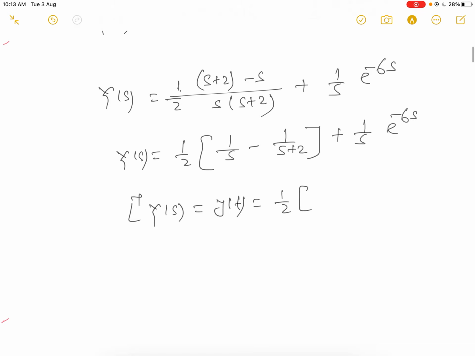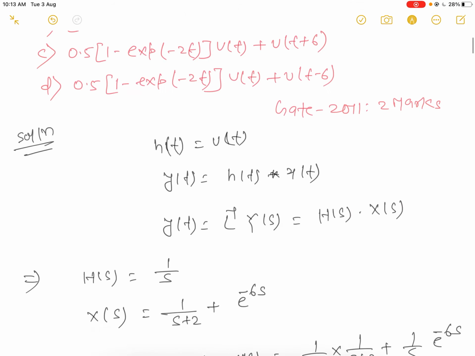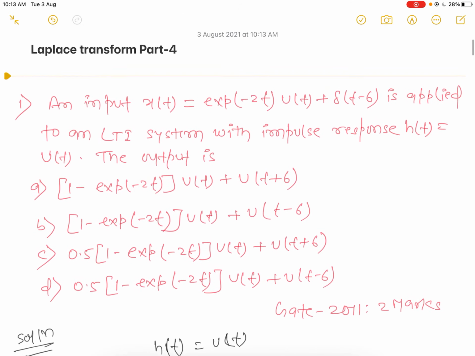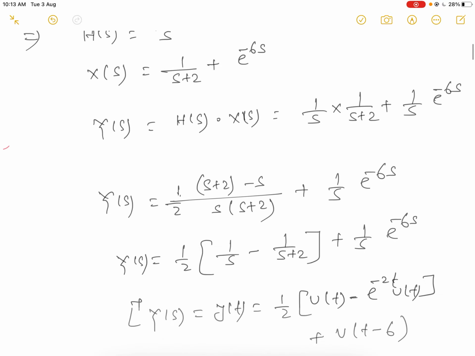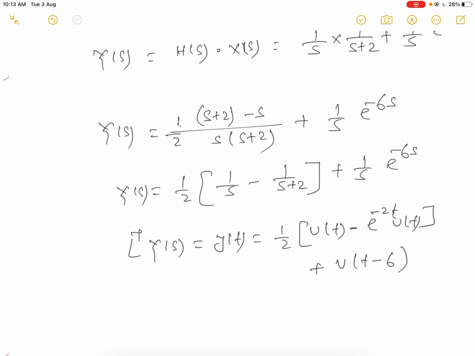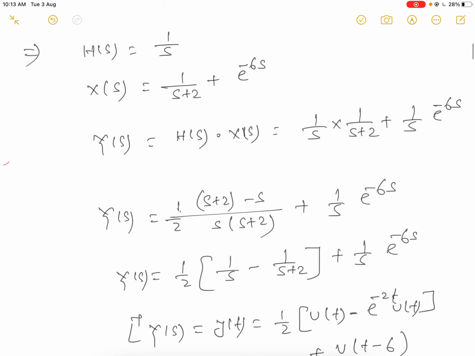So 1 by 2 u(t) minus e to the power minus 2t u(t) plus u(t minus 6). So the answer will be, taking u(t) common, and then you want half.